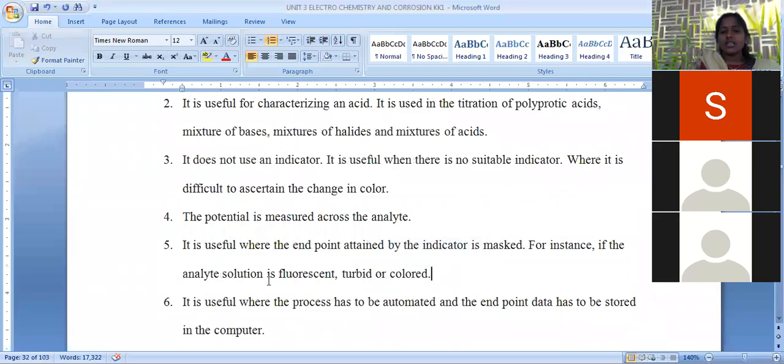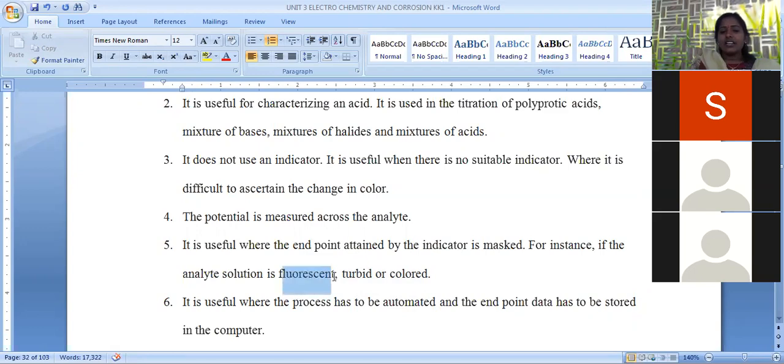So for instance, even though the analyte is fluorescent, turbid, or colored, whatever the condition of the analyte, we can identify the accurate endpoint, which is not possible by the normal titration method. It is very efficiently calculated by using potentiometry. If the material is fluorescent, we can see dark, very intense colors.